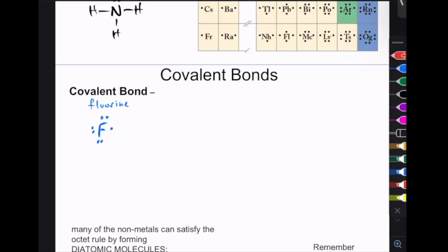So let's put another one in here in red, but I'm going to draw it this way with its unpaired electron on this side, because these are going to come together. They're both unstable because they both have an unpaired electron. So they can both get stable if they form a covalent bond between themselves and each of them shares their unpaired electron with the other one.